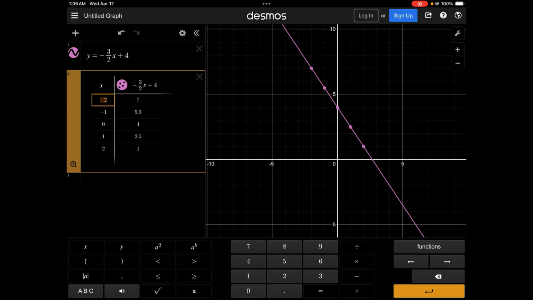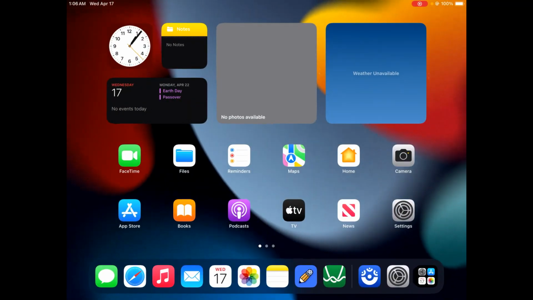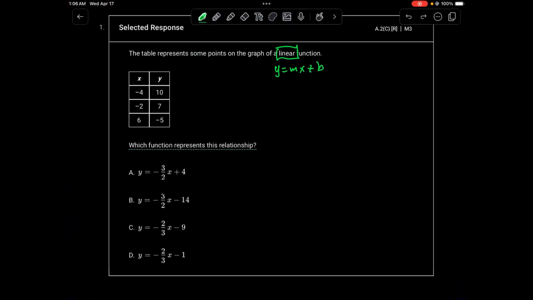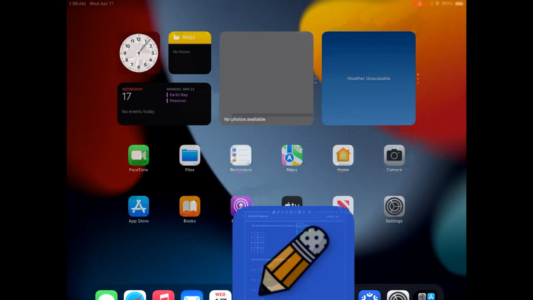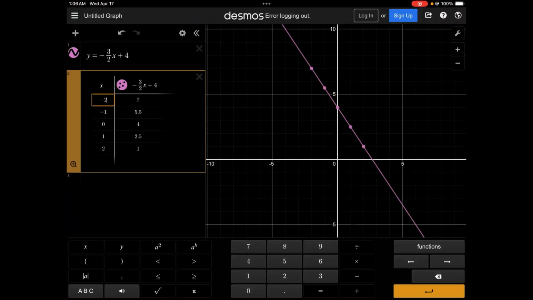We know that for a line we only need 2 points, but we have to match at least 2 of them if we don't want to input the third one, but I'm just going to put all of them. Negative 4, negative 2, and 6, and the calculator is going to give me the values. I have negative 2.